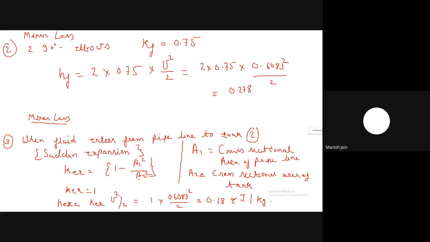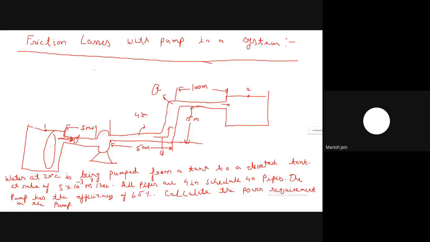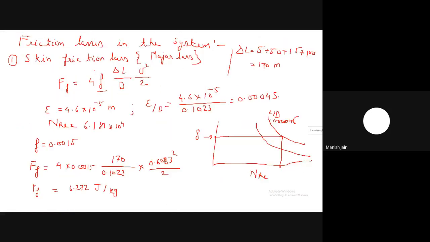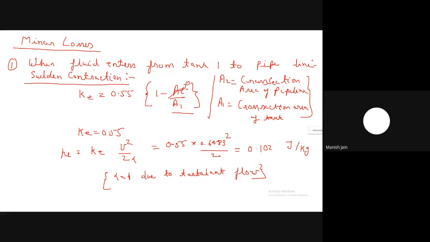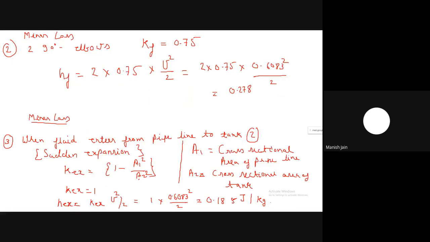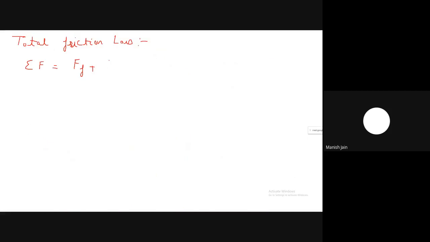So the total friction loss should be equal to sigma f, that is equal to Ff, the major loss due to skin friction, plus second HE, third HF, and fourth HEX. So Ff plus HE plus HF plus HEX. These are the four losses.